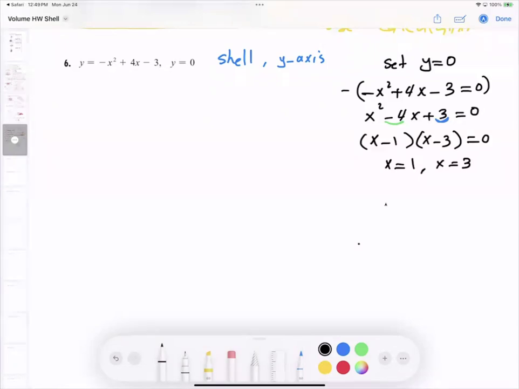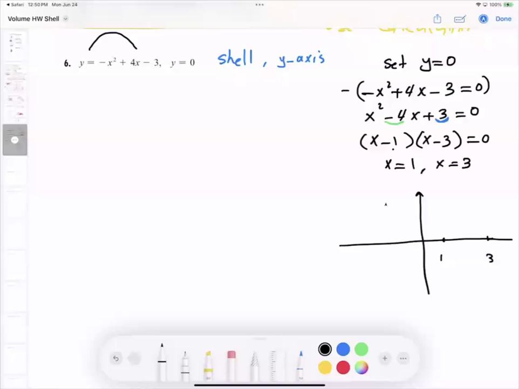So if you take a look at the visualization, please note that this is negative, so it opens downward. This is the behavior of this object. It crosses the x-axis at 1 and 3. If you plug in 2, for example, what do we get?